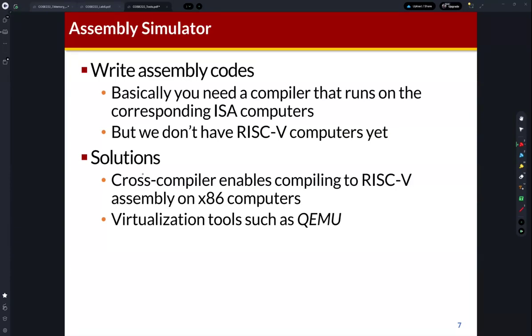So think about ARM. In order to develop an ARM-based system, we need to use a very complex IDE, which was developed by ARM, and we need to purchase it, okay?